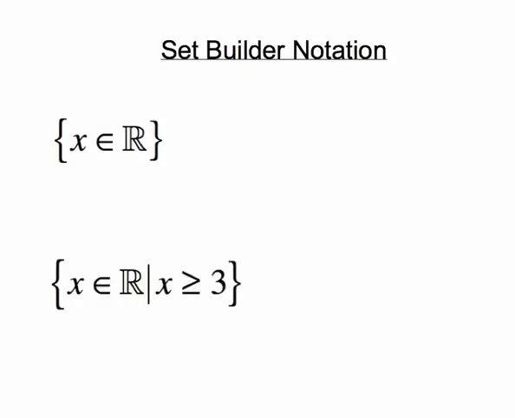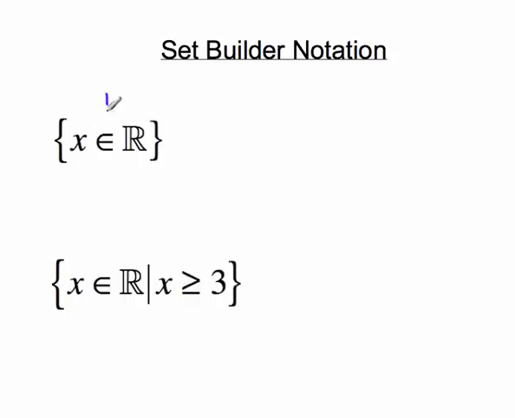You'll often see notation like this, called set builder notation, when you are working with or looking at answers for domain and range. You need to be familiar with this kind of notation to answer questions about domain and range.